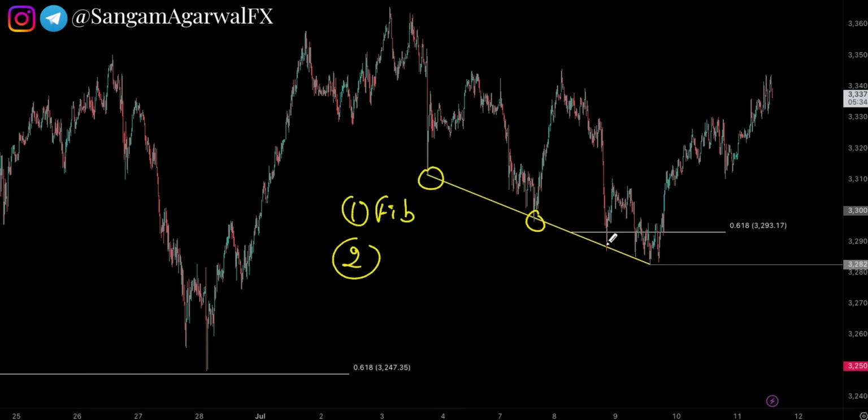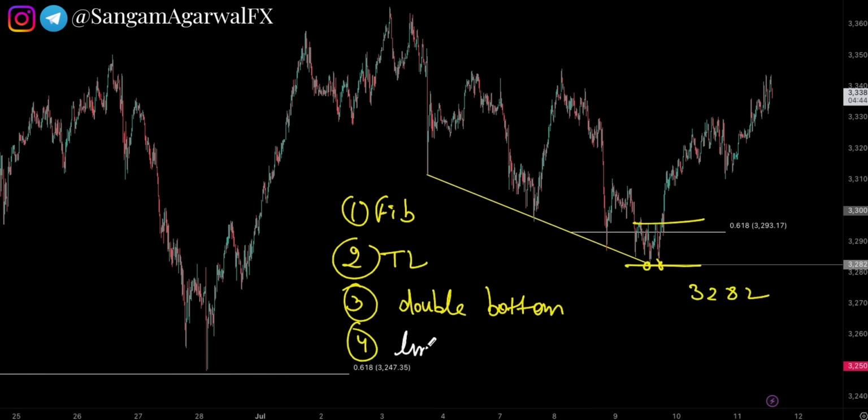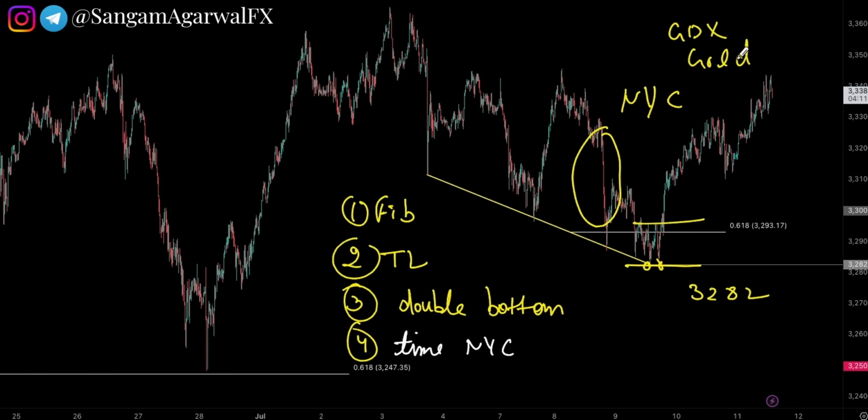Second, you can see the trend line, and there were a total of 5 retests, and that confirms a strong trend line. If you look more clearly, there is almost a double bottom at the 3280 area. And the most important part: when trading resumed after the holiday, the market dumped during New York Open, a big red candlestick on the daily time frame in GDX and gold both.